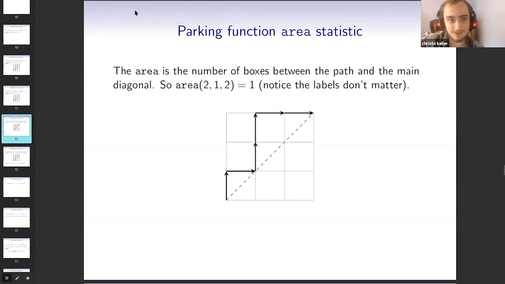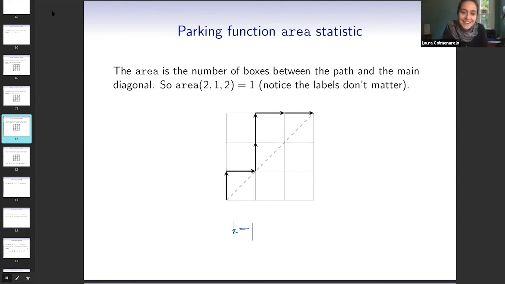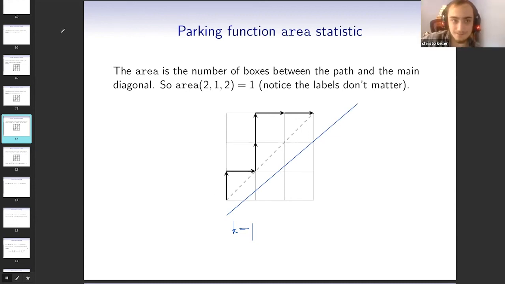I guess I should try to draw this instead of clicking with my mouse. So like a k equals 1 parking function might be something like this. There's the way to draw a line and zoom. Yeah, there we go. So where the line is here instead. And it looks like this.